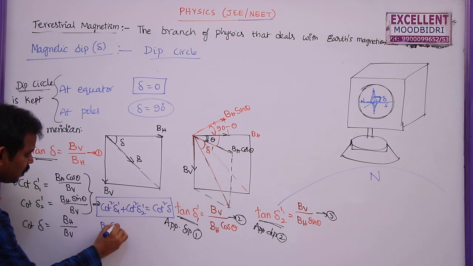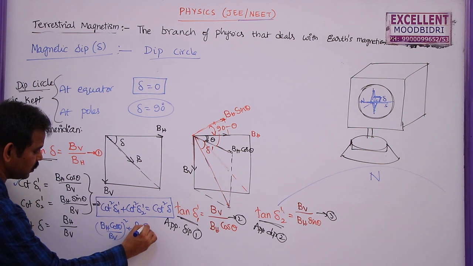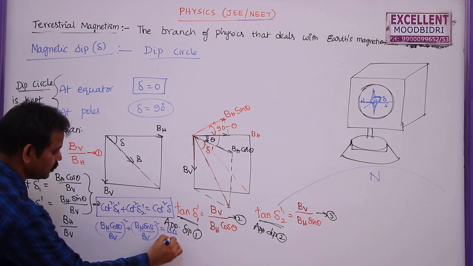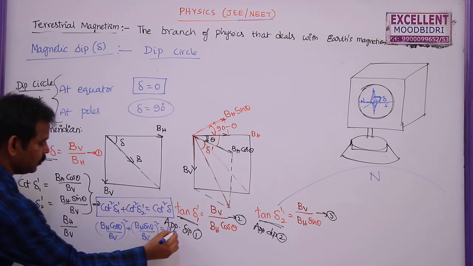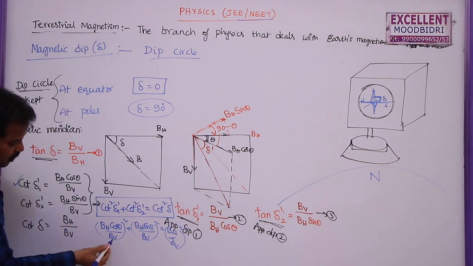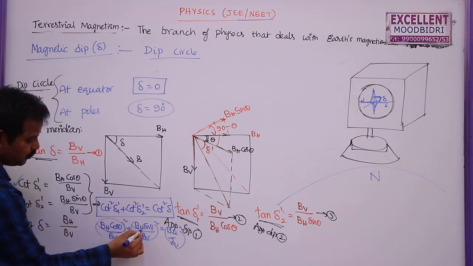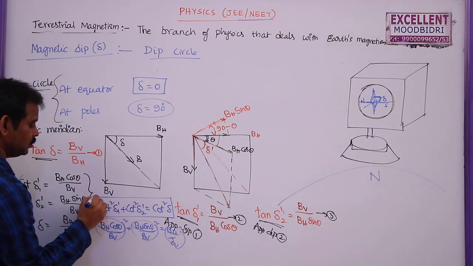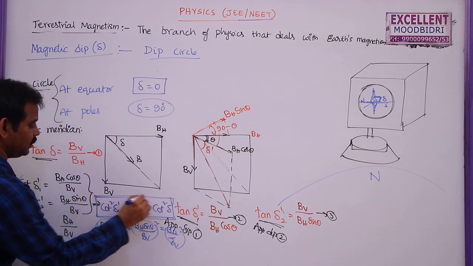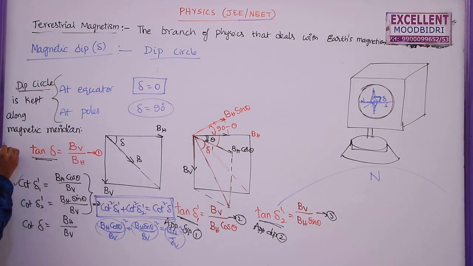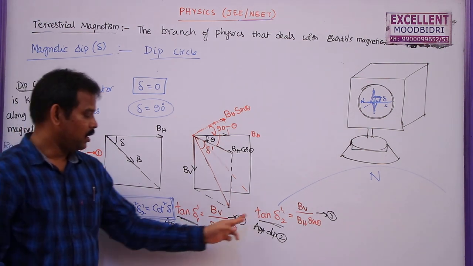So BH cos theta by BV whole square plus BH sin theta by BV whole square is equal to BH by BV whole square according to this one. You can see BV same, BH cos square theta plus BH sin square theta is equal to BH square. So this is the relation between real dip and apparent dip. So this is called the real dip, and those two angles are called apparent dips.